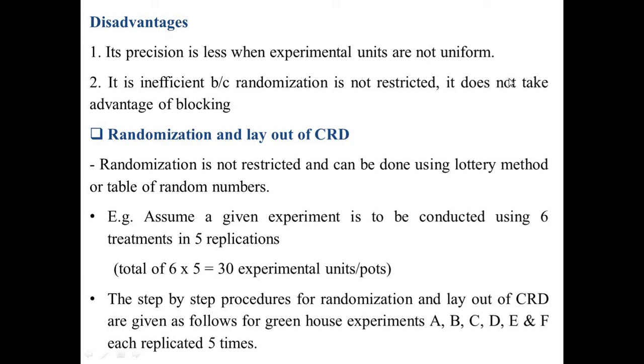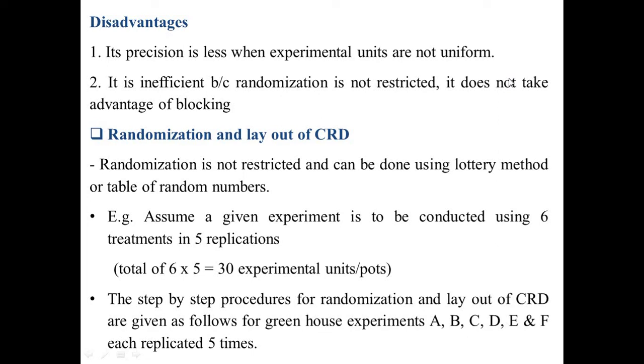It is also inefficient because randomization is not restricted, while randomization and blocking are very important in minimizing the error. It doesn't take advantage of blocking, so due to this the design is not efficient.